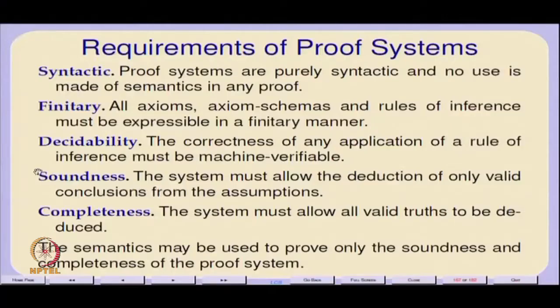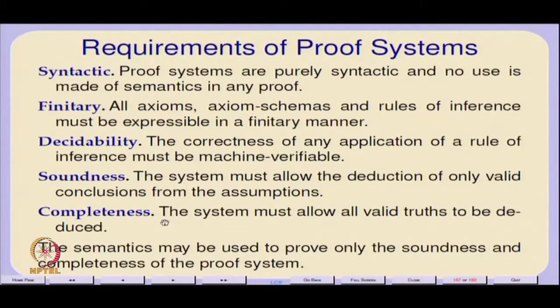The only time when you might want to actually use the semantics is to justify the soundness or the completeness of your system, right. At that time there is no alternative except to create models and show that your mathematical theory is consistent, and maybe you even have a complete theory.